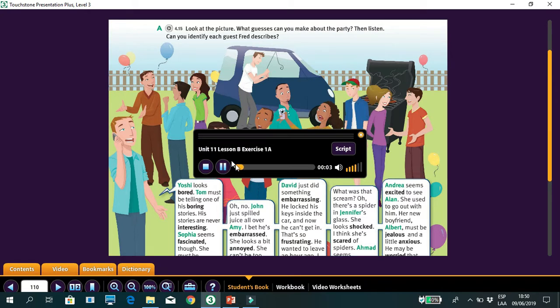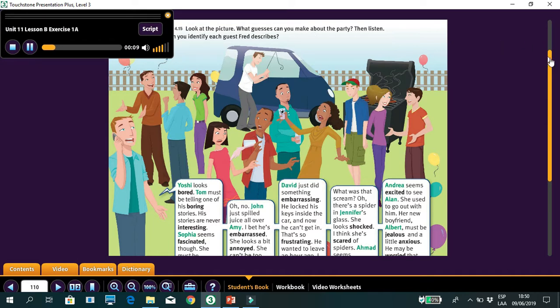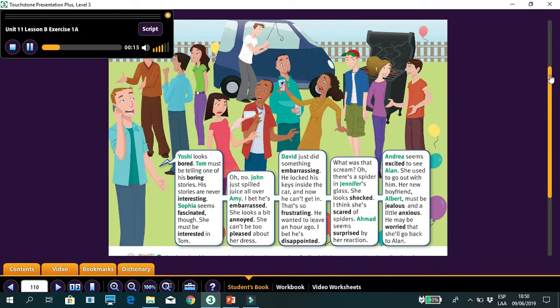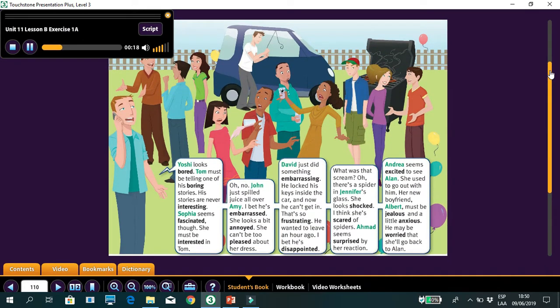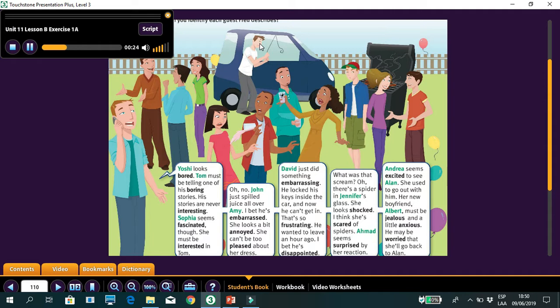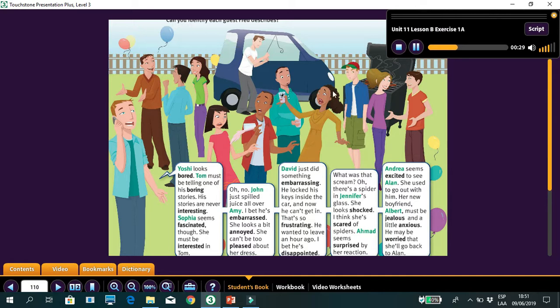Lesson B. Ups and Downs. 1. Building vocabulary and grammar. A. Look at the picture. What guesses can you make about the party? Then listen. Can you identify each guest Fred describes? Yoshi looks bored. Tom must be telling one of his boring stories. His stories are never interesting. Sophia seems fascinated, though. She must be interested in Tom. Oh no! John just spilled juice all over Amy. I bet he's embarrassed. She looks a bit annoyed.